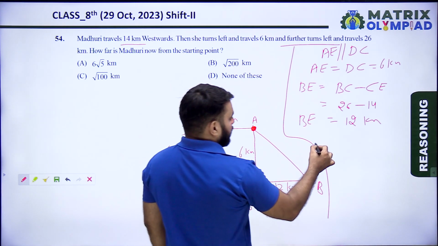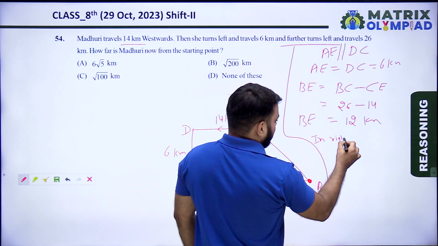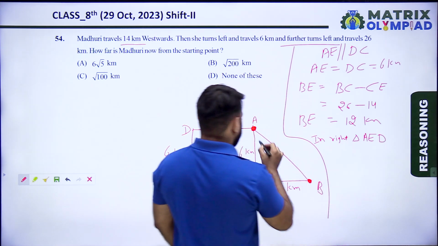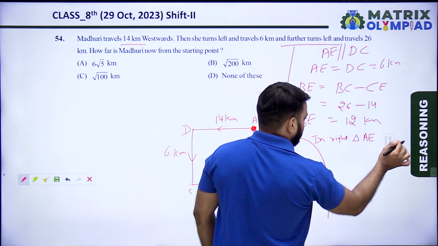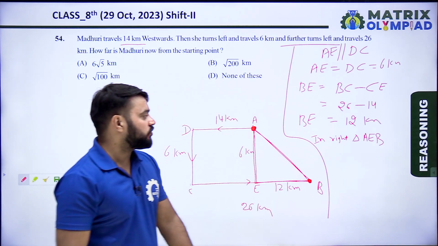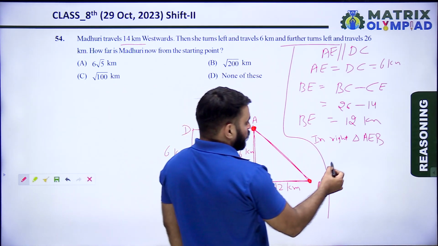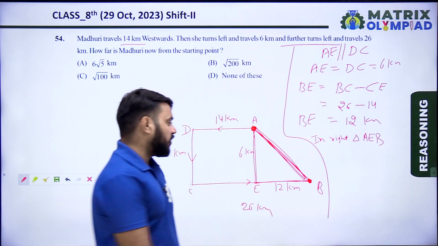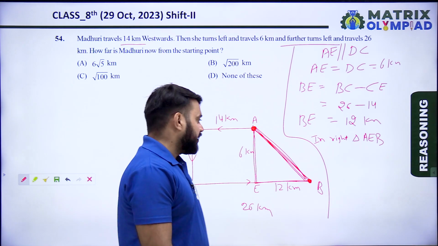So in right angle triangle AEB, using Pythagoras theorem. Now according to Pythagoras theorem, this is the hypotenuse of AEB.